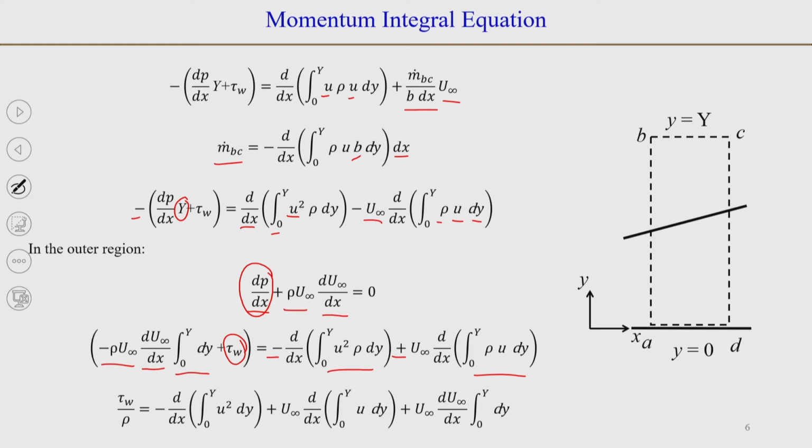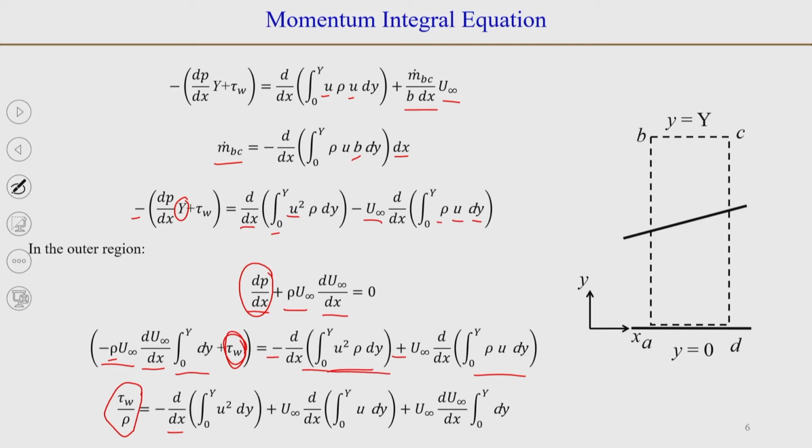Now, we can divide by rho and rearrange it. When we divide this term by rho, this will become tau w by rho, and the first term on the right hand side will be minus d by dx.